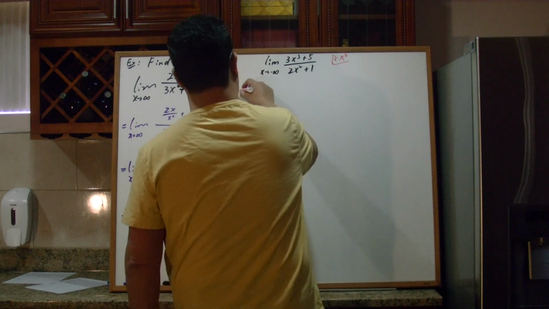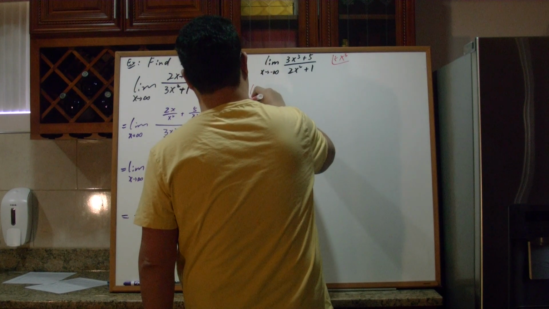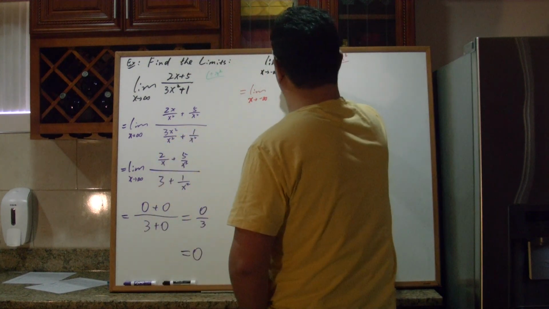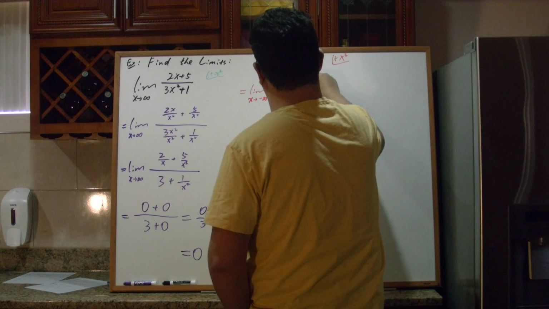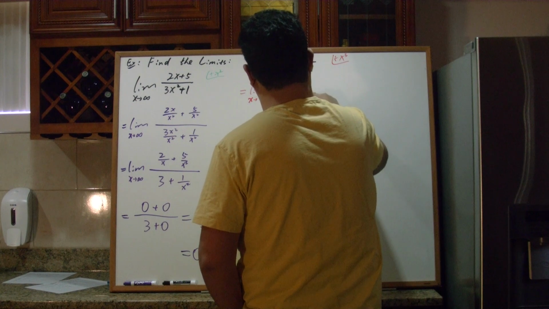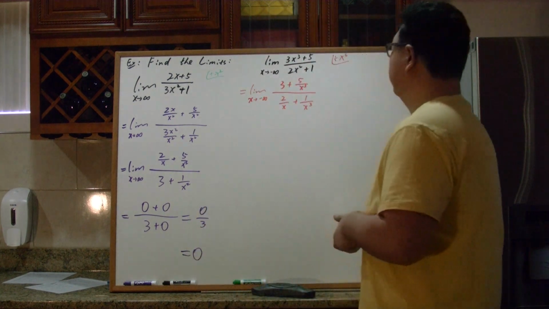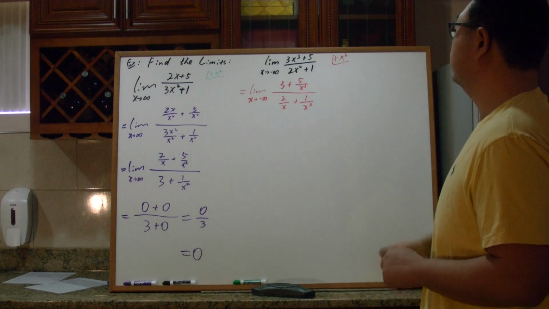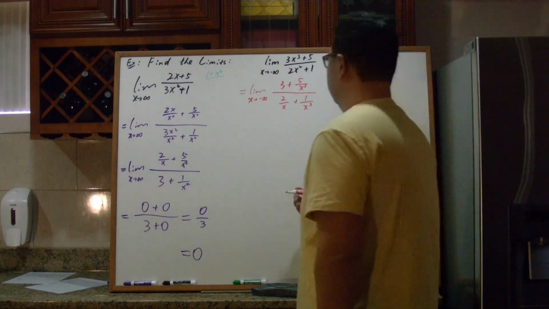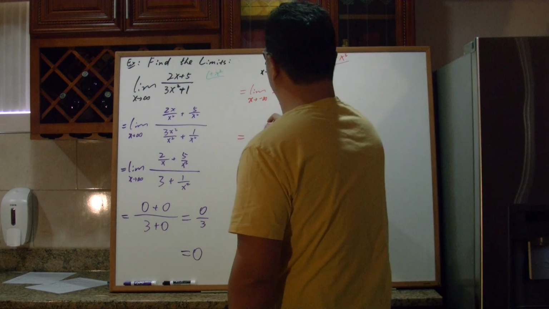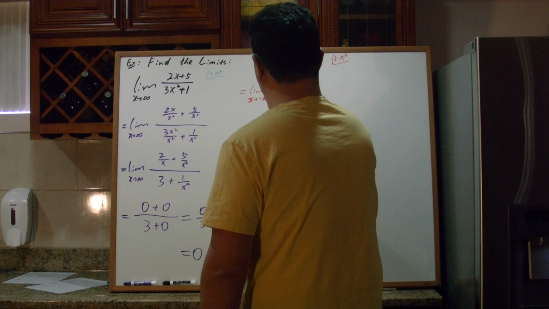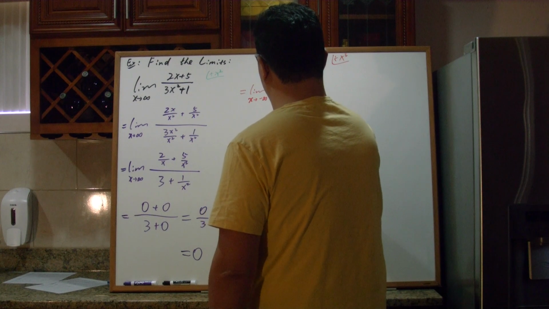What we get is the limit as x approaches negative infinity of 3 plus 5 over x to the third, over 2 over x plus 1 over x to the third. And then as x approaches infinity, we get 3 plus 0 over 0 plus 0.